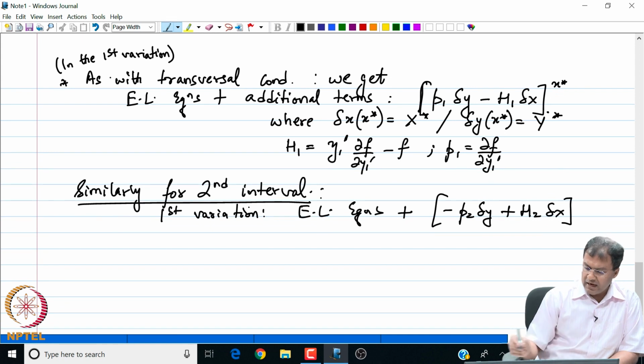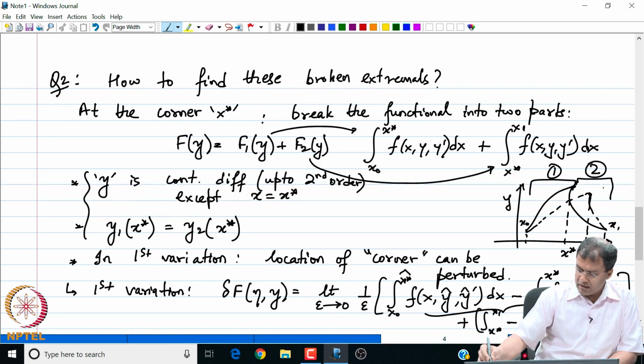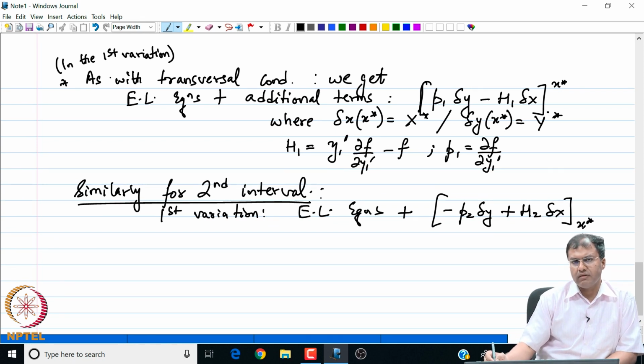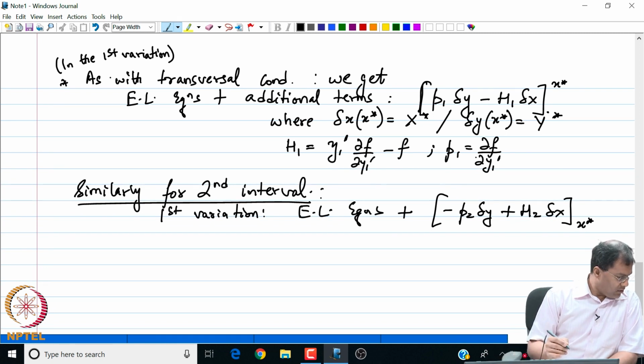When I say the second interval, I am talking about this interval over which the perturbation is happening, that is towards the right of x star, right. Now notice that I have put in a minus sign in this term as compared to the previous term, because now x star appears on the left. So now the value evaluated at x star serves as the lower bound, and hence the change in sign, right.